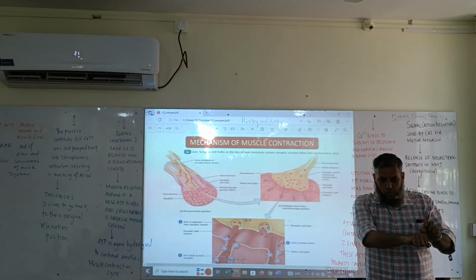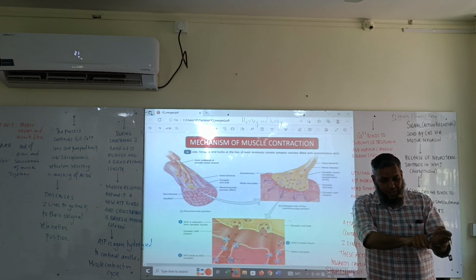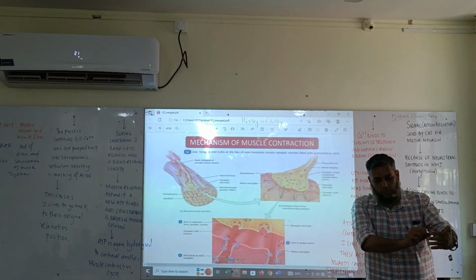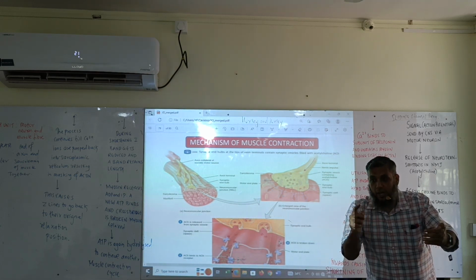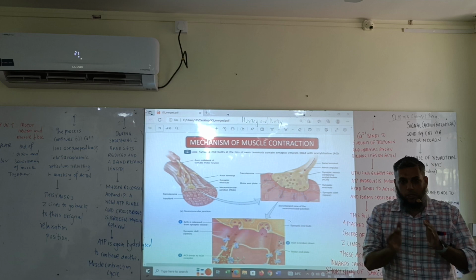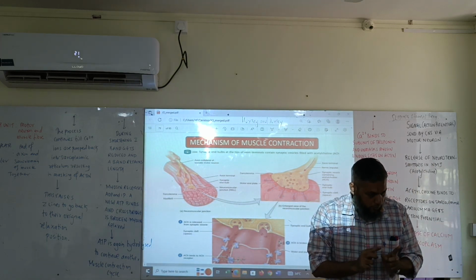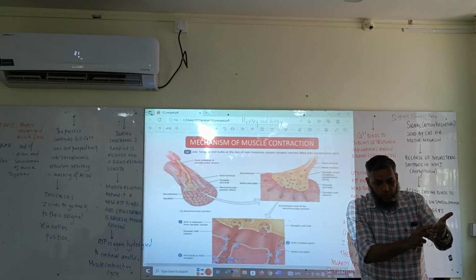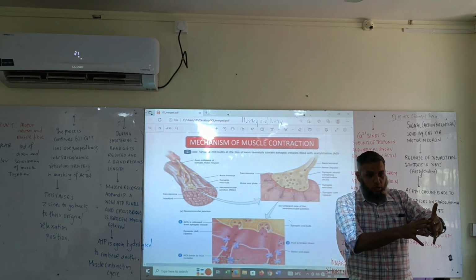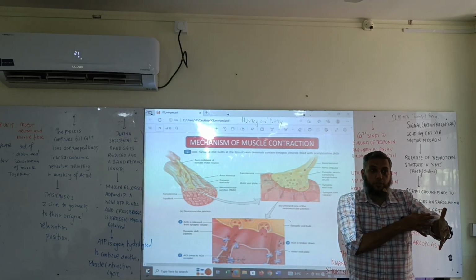No. So calcium ions go inside the axon knob and the axon knob releases a chemical called the neurotransmitter acetylcholine. Now the acetylcholine will bind to the receptors on the sarcolemma, and as a result even the sarcolemma gets an action potential.